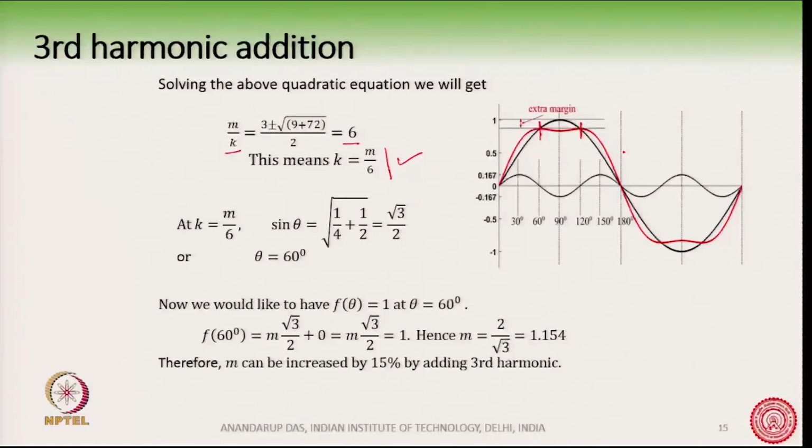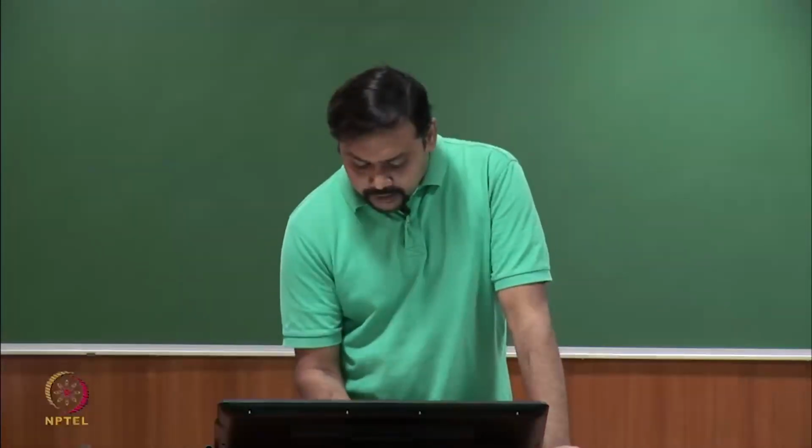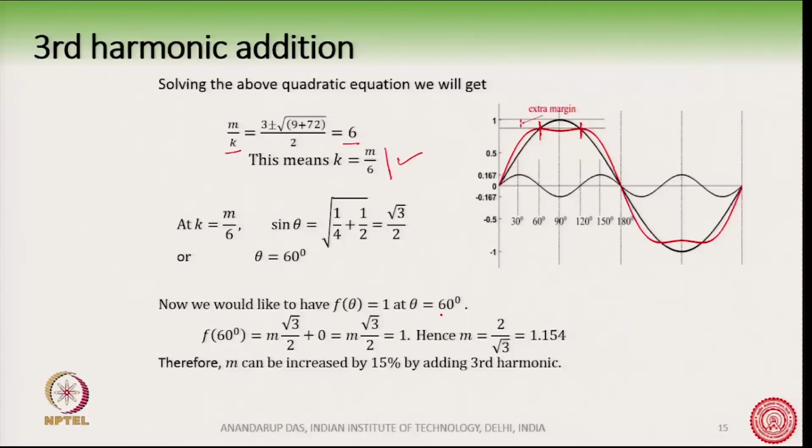Now, what value of this resultant waveform should we have so as to keep us in the linear modulation? Of course, we would like to touch the plus 1 at this maximum value of the resultant waveform. So, we would like to have f theta equal to 1 at theta equal to 60 degree, because that is the maximum we can get. If we equate f theta equal to 1 at theta equal to 60 degree, then by substituting we find that m equal to 1.154.